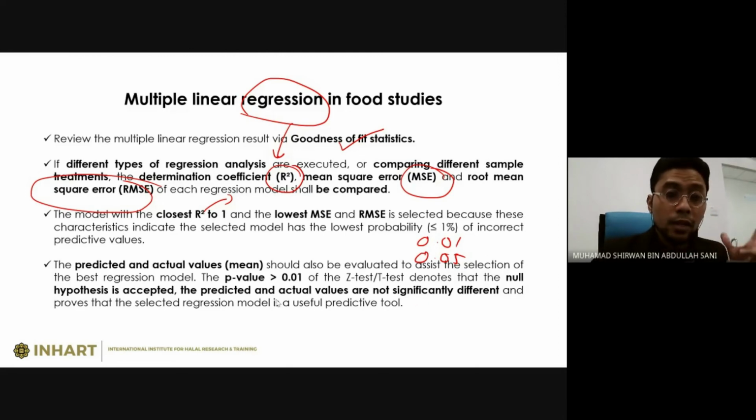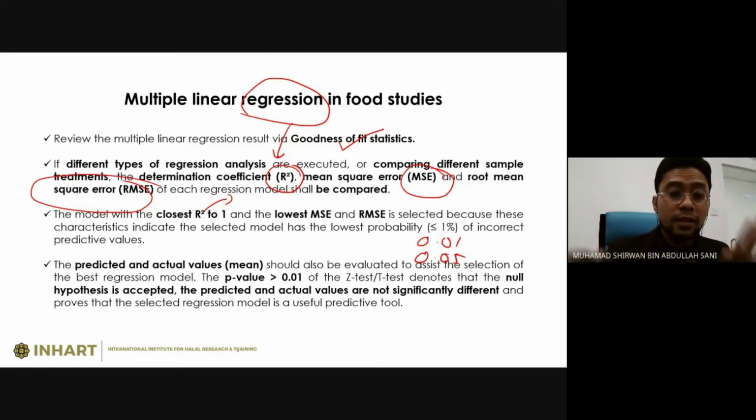Okay, another step to ensure or to check whether the prediction done by multiple linear regression is okay or not is by having a Z-test or t-test. So Z-test and t-test is used to compare the predicted value, the one that we have prepared, and the actual values predicted by the MLR.